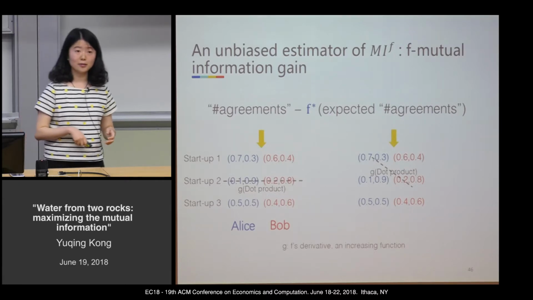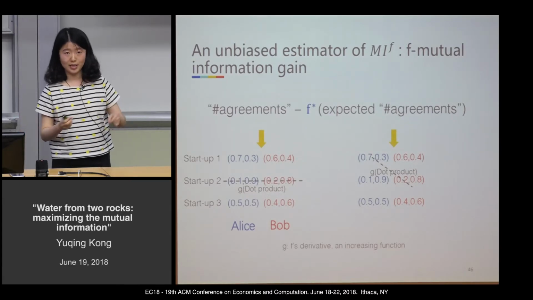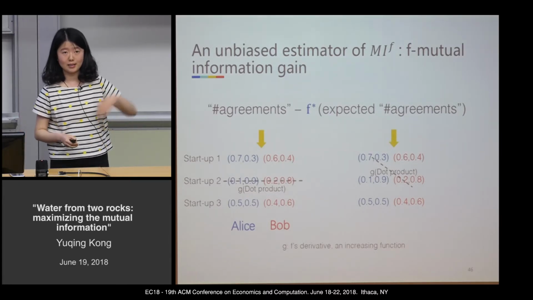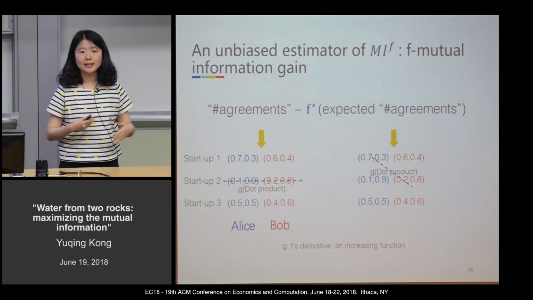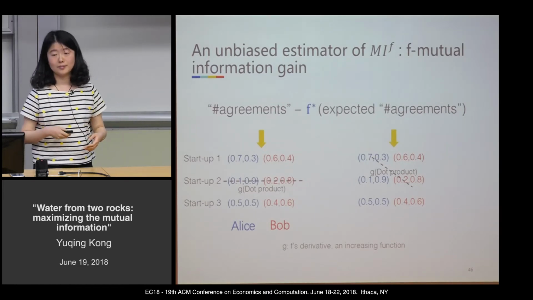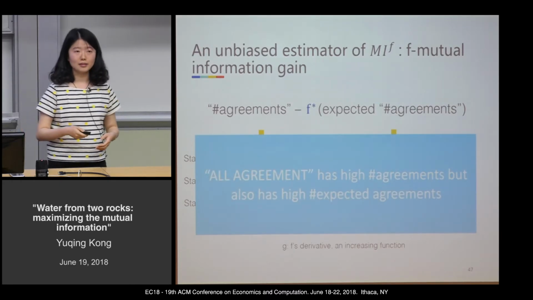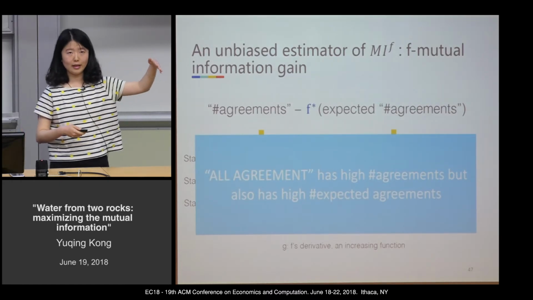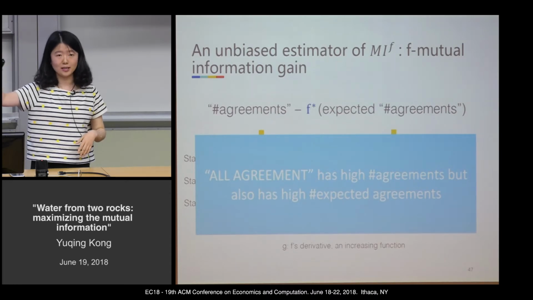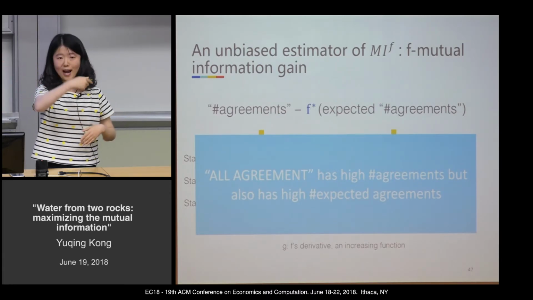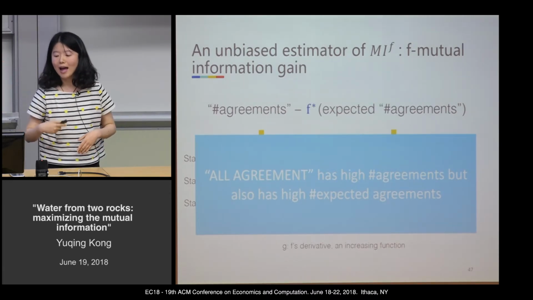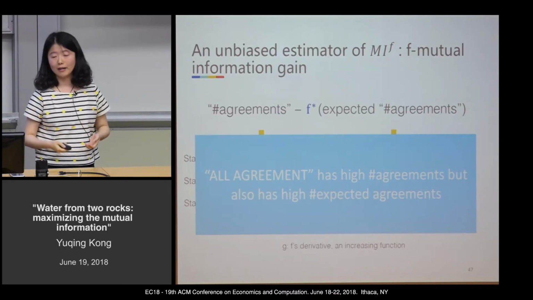And for the expected agreements, we just pick a pair of startups which is not the same startup, like startup 1, startup 2, and we also calculate the agreements. This is the expected agreements. And it turns out that they have higher agreements there, but they also have higher expected agreements because for every line, they just report the same thing. And in this case, they cannot do well here.